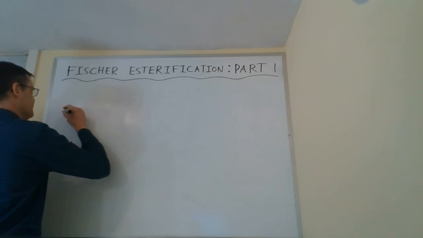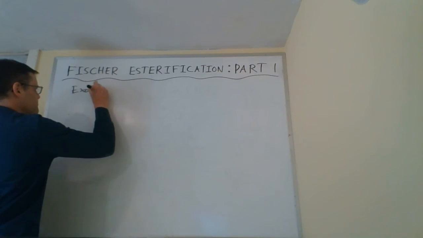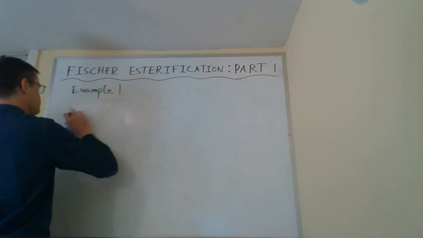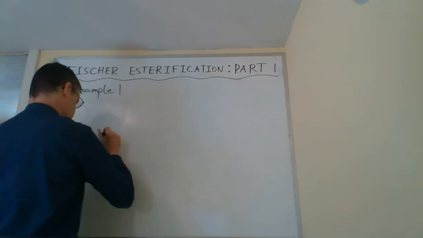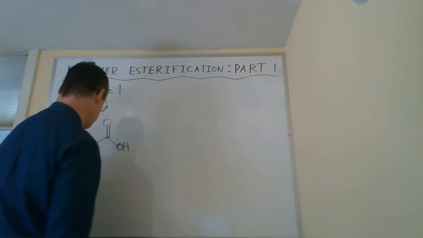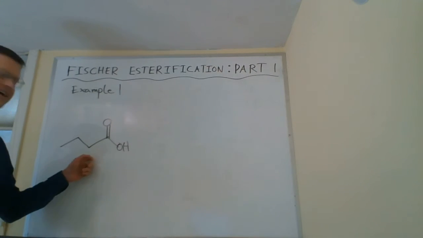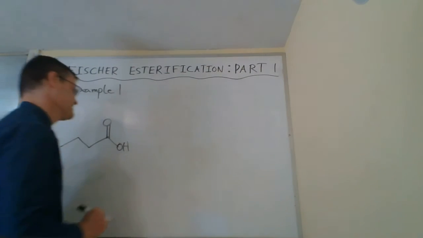So let's take an example here. We'll call this example 1. Pick your favorite carboxylic acid. This probably isn't people's favorite carboxylic acid. It kind of smells like butter that's gone bad, but this is butanoic acid.